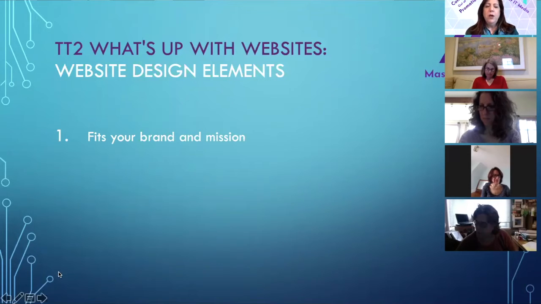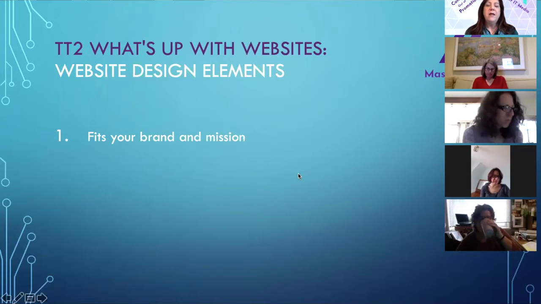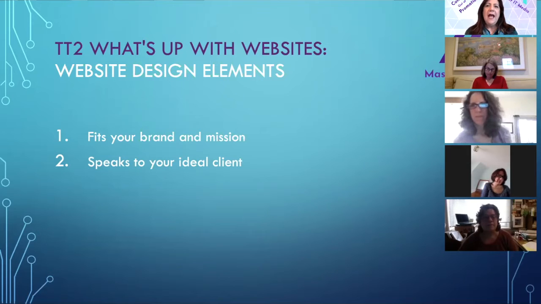Now here, we're not just talking about your colors with a brand, we're talking about what you do and how you do it. And does it convey what your core values are for your business? Does it speak to your ideal client? You should have kind of an idea of who that client is.